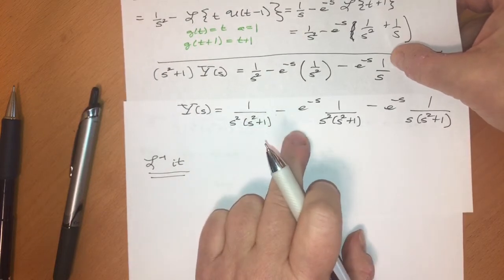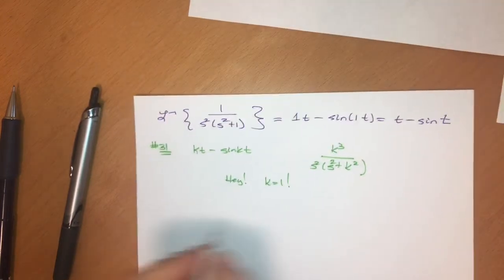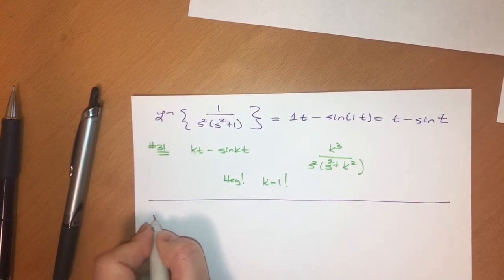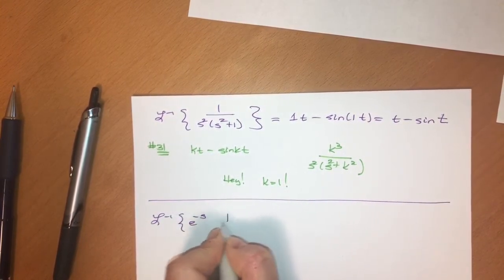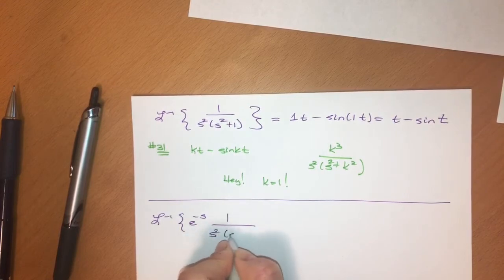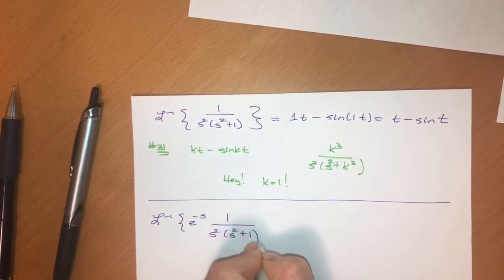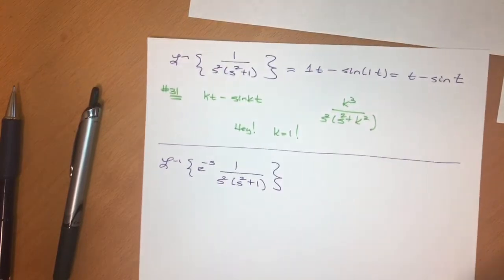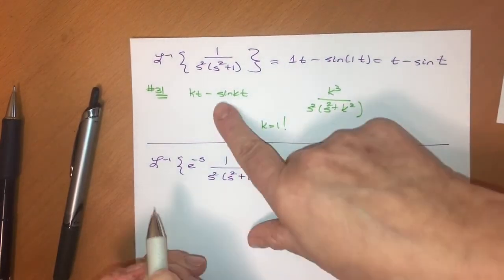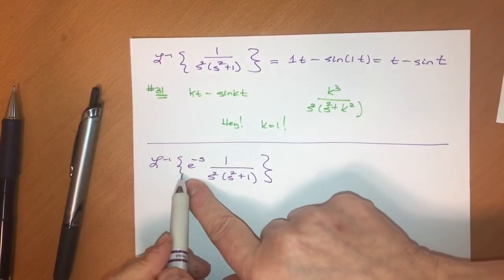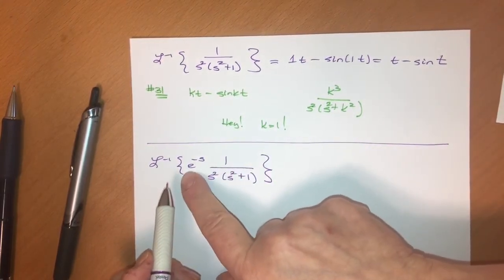Now let's move over to the second piece. That one bears a whole lot of resemblance to what we just did. The only thing is we have that e to the minus s there.